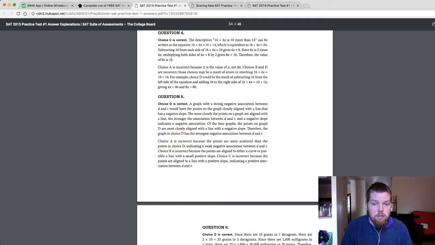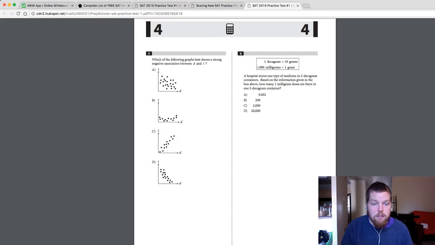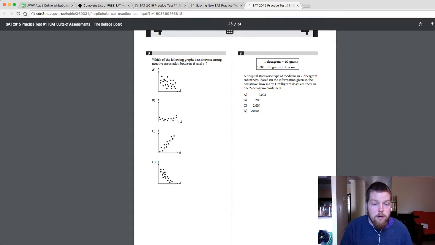So the more closely the points are aligned on the graph, the stronger the association between d and t. So if we go back to the practice test, since these are so far apart, there's not really an association because these points are spread so far, whereas these points are pretty close together with each other and in the same line, so there's a strong association.